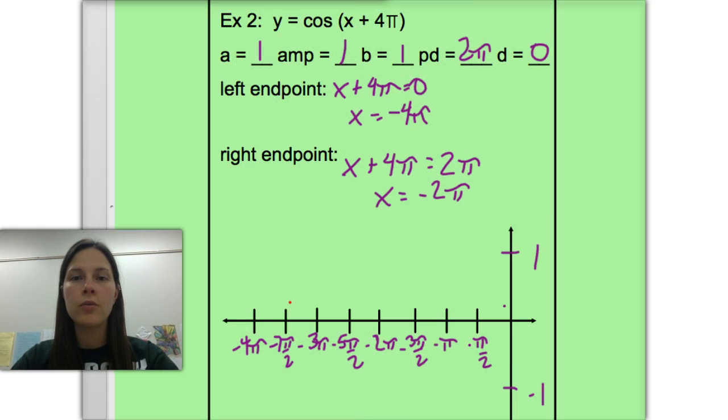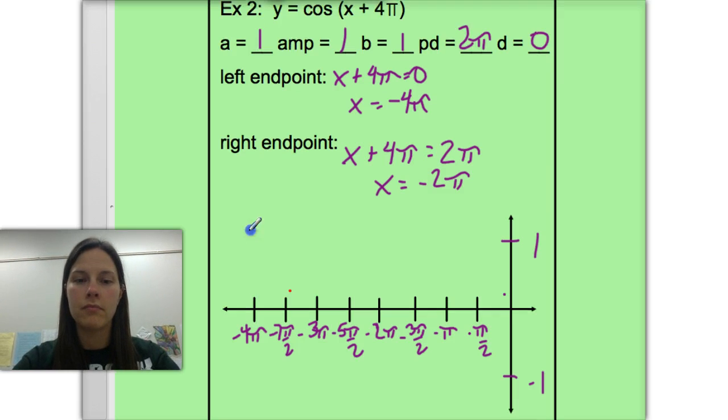So what I decided to do on this one was instead of doing the negative 4 pi and 1 period off to the right and 1 period off to the left, because that would mean I would need to mark my x-axis for another 2 pi off to the left, I decided to just do 2 full periods off to the right because it was just easier to fit on my graph. So starting at negative 4 pi at the maximum, coming back down to an intercept, down to the minimum, back to an intercept, back up to the maximum.